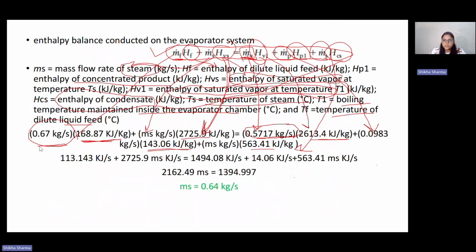So when we solve this, it will be 0.67 into 168.87, which is 113.143.